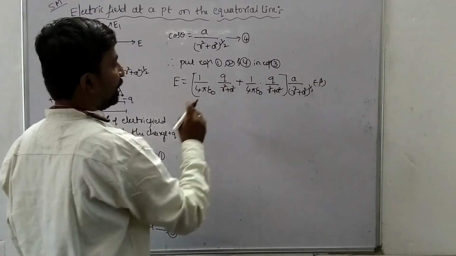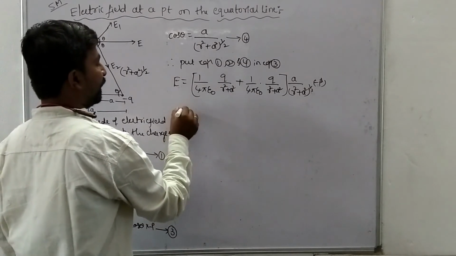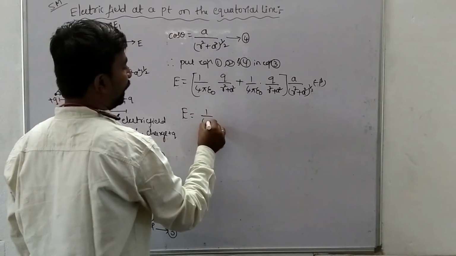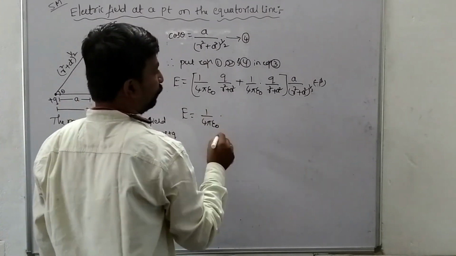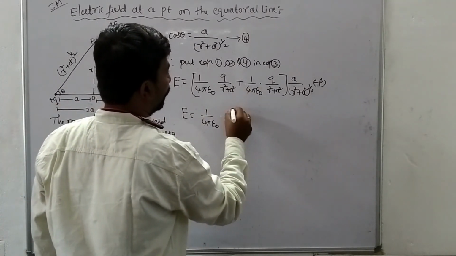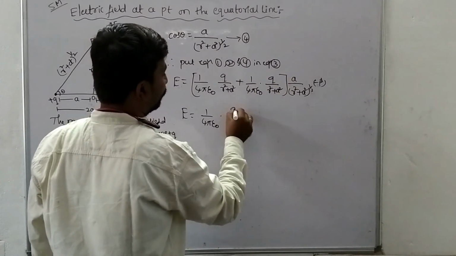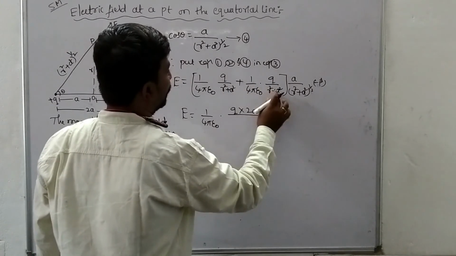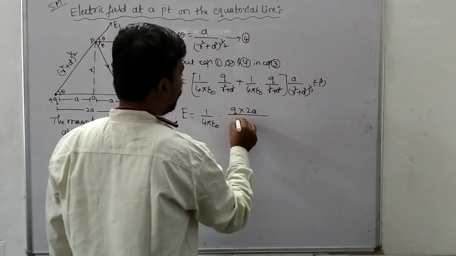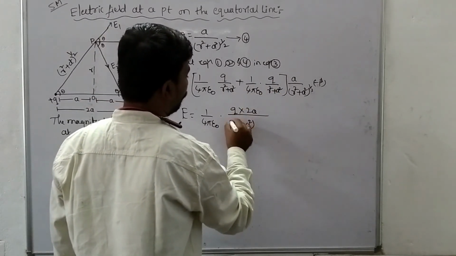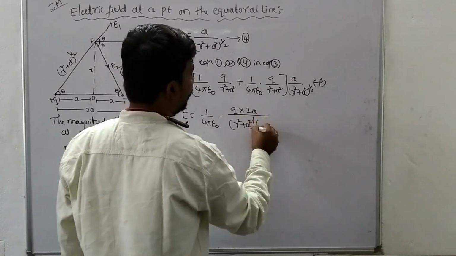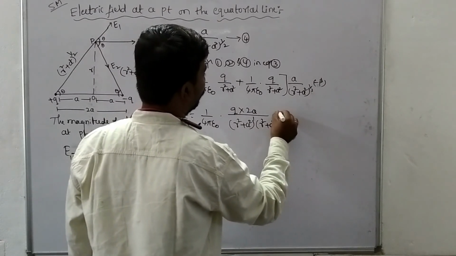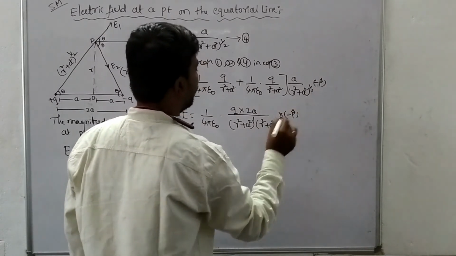Addition: q plus q is 2q. So E is equal to 1 by 4 pi epsilon naught into q into 2a divided by r square plus a square to the power of 1, then r square plus a square whole to the power of 1/2 into minus P cap.